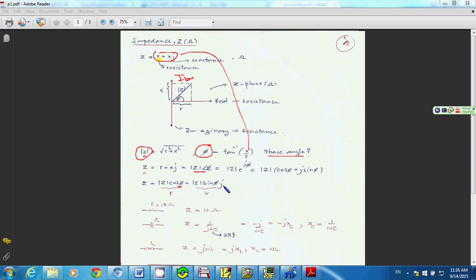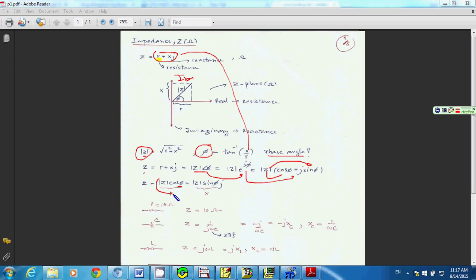Like this. And the symbol like this one here represents exponential j phi, and you can expand the term in the term of Euler formula, which is equal to cosine phi plus j sine phi. And if you multiply the magnitude of z into the bracket here, you're going to have two terms, right?